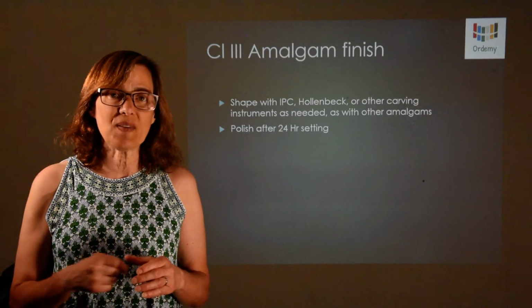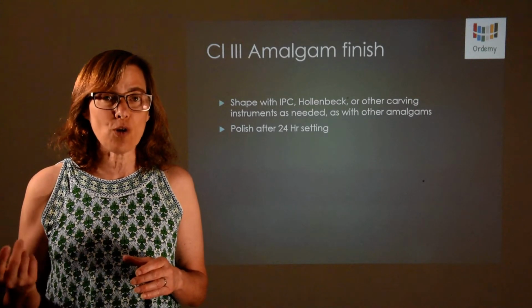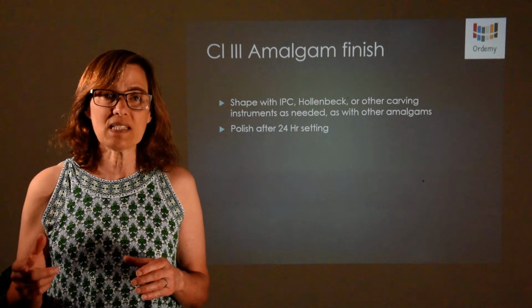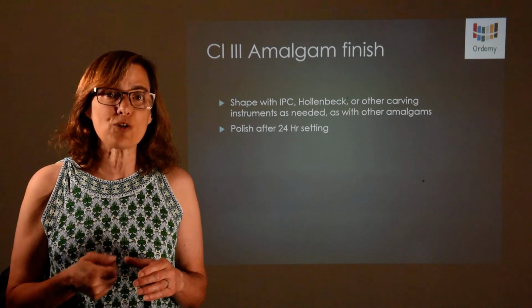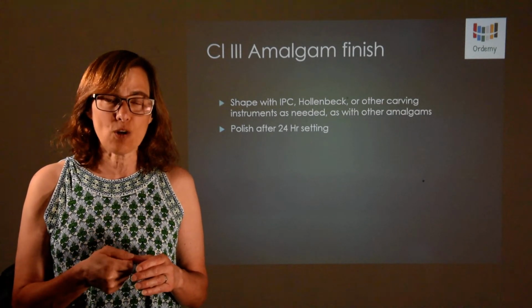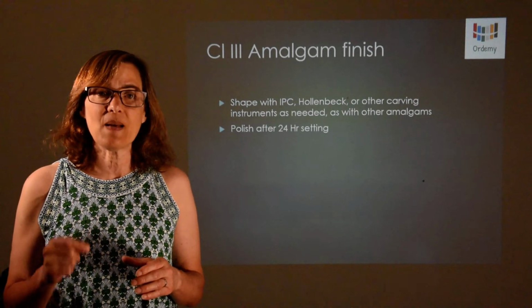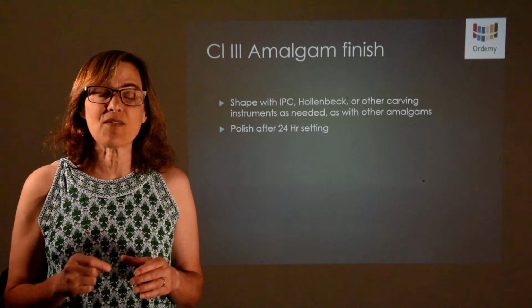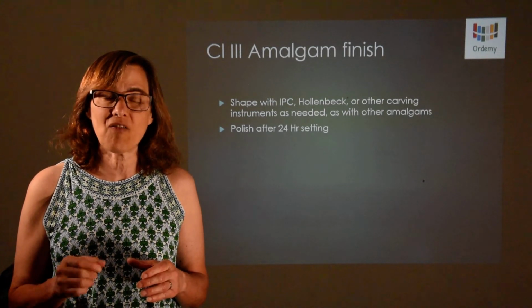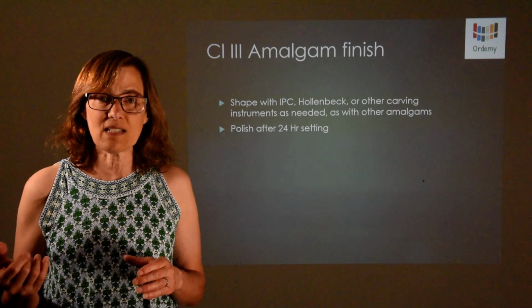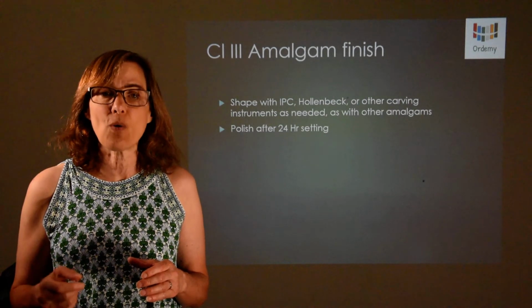And at that point, when that is finished, you will take the larger end of the 1-2 condenser, place it on top of the amalgam that has already been placed in the tooth, and use the stepping motions again. If the preparation is large enough and you can use 3-4 condensers, you're welcome to do so.